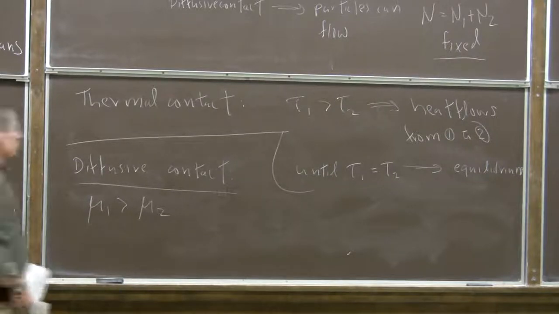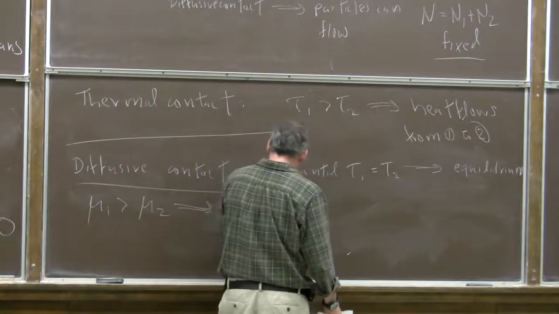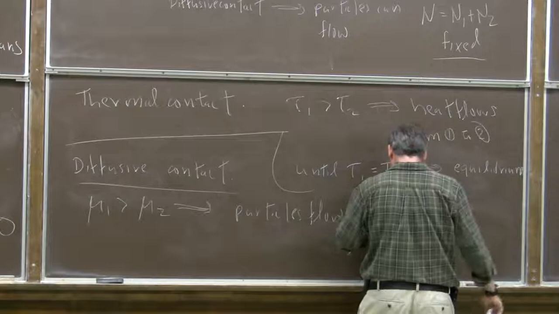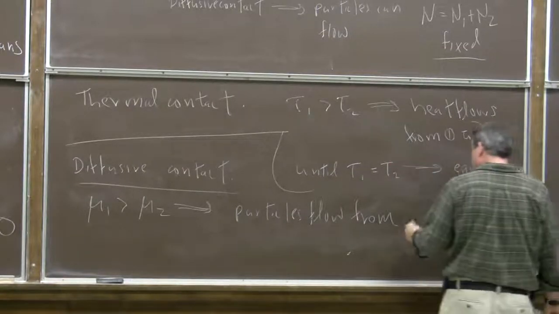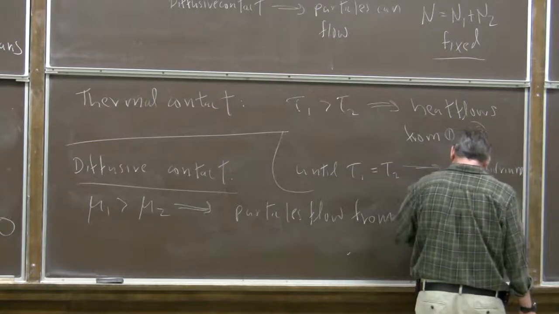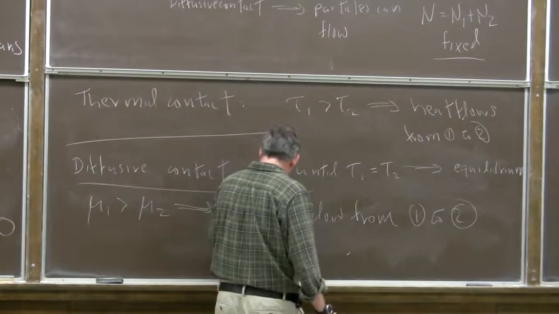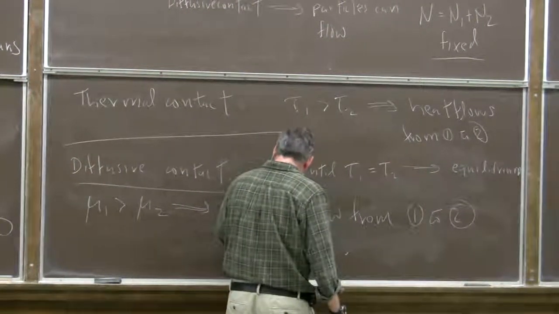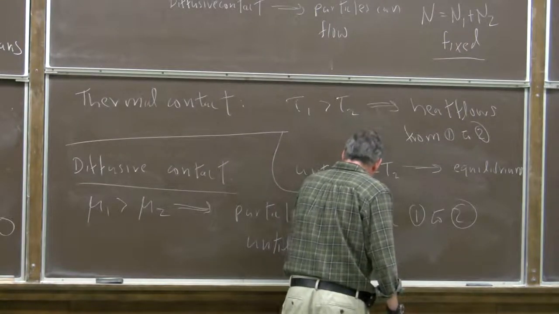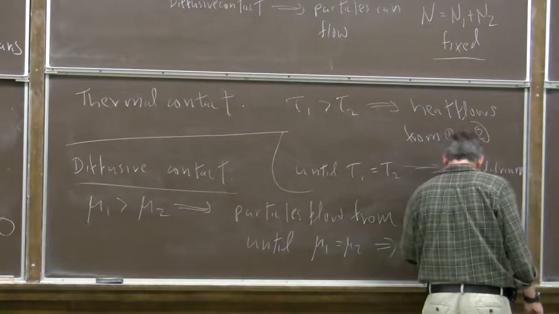And in seeking out the most probable configuration, particles will flow from 1 to 2 until the chemical potentials are equal. And then we're in the most probable configuration, and the system is equilibrated.